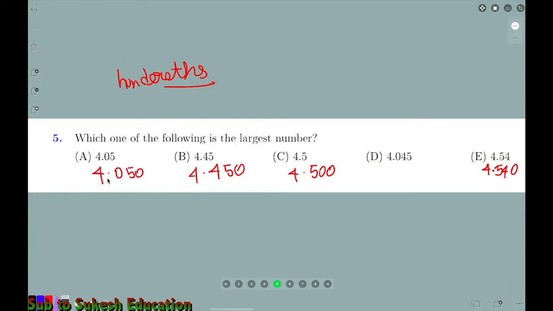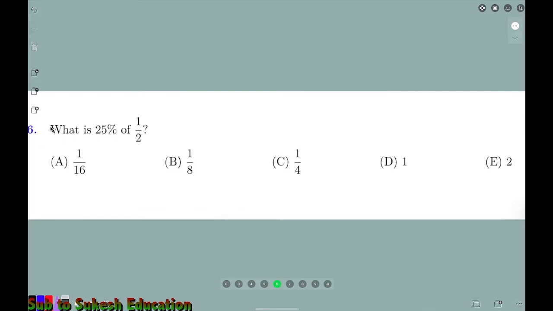So now it's 0.0, so we know that that's not going to be the case. 4.45, we can eliminate this one too, and then there's 5.0, so that's not going to be, and that's not going to be, and we're left with one option. So the answer is E, right? So now let's move on to question number 6.